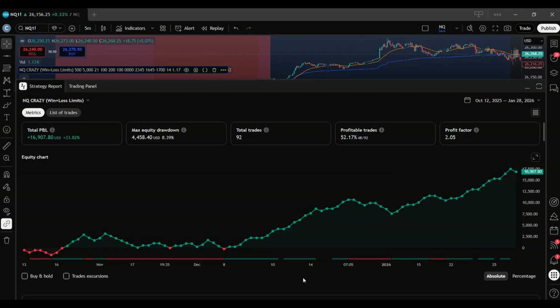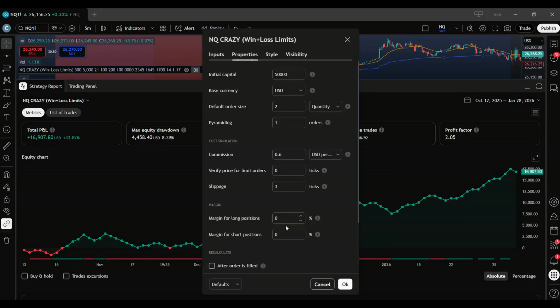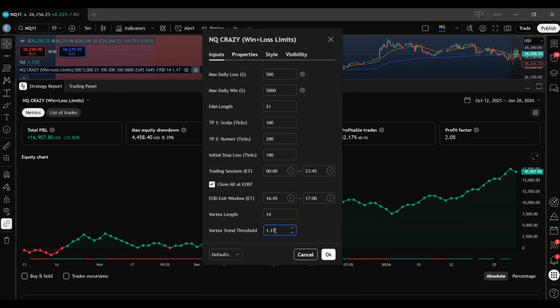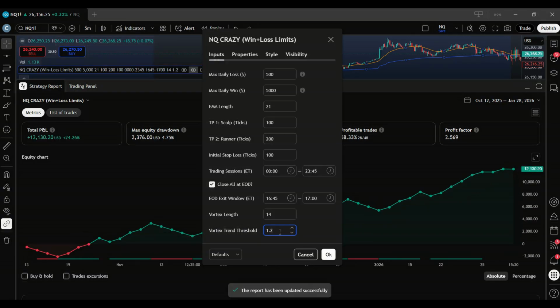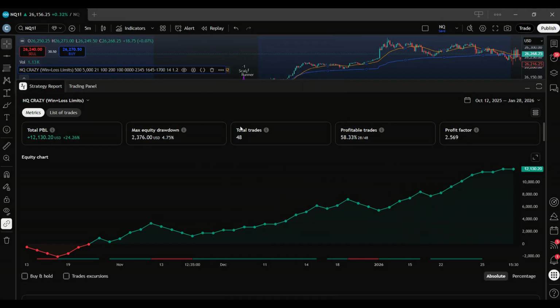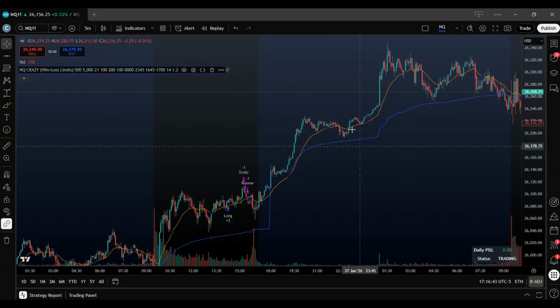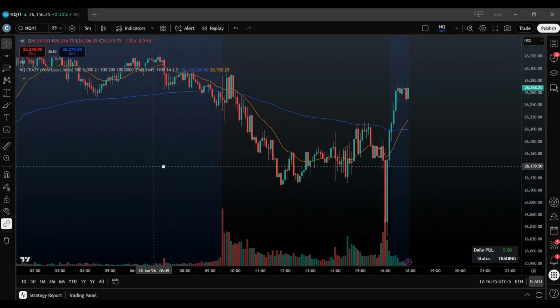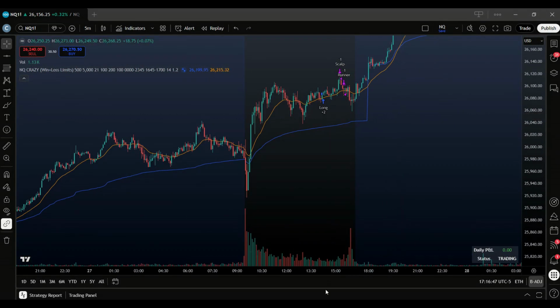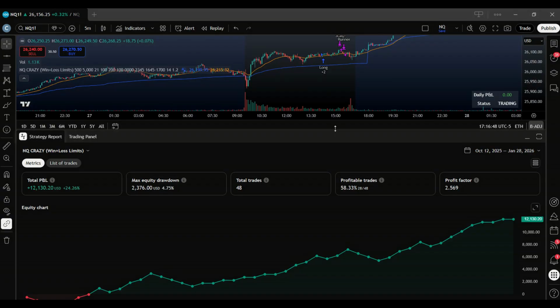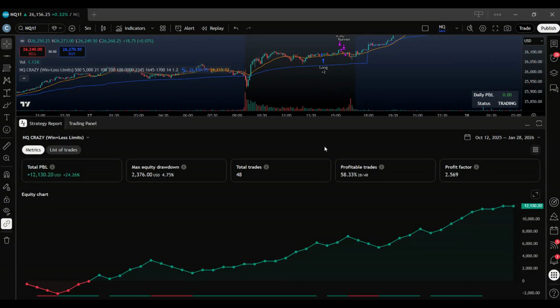See, that's more like it. Now let's change our threshold back to 0.2. Yeah, it's more realistic, when you've got the slippage and the commission involved. Right, that'll do for this one.